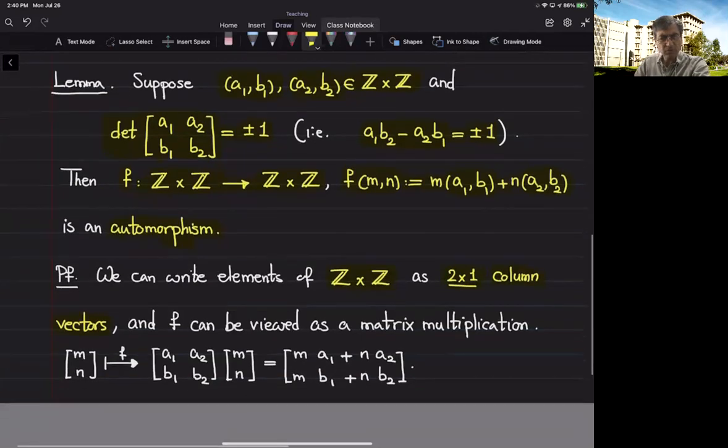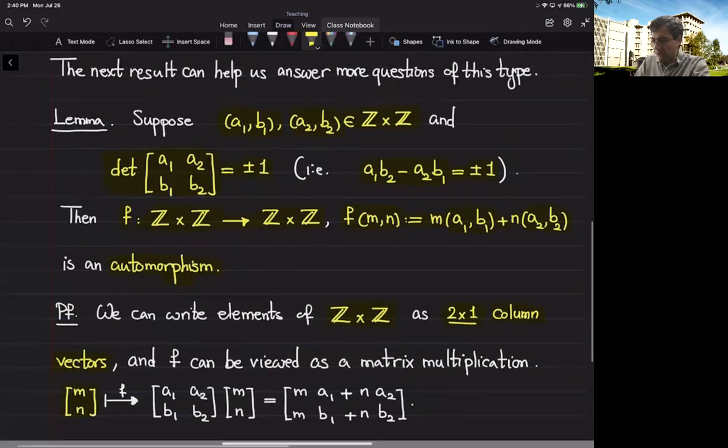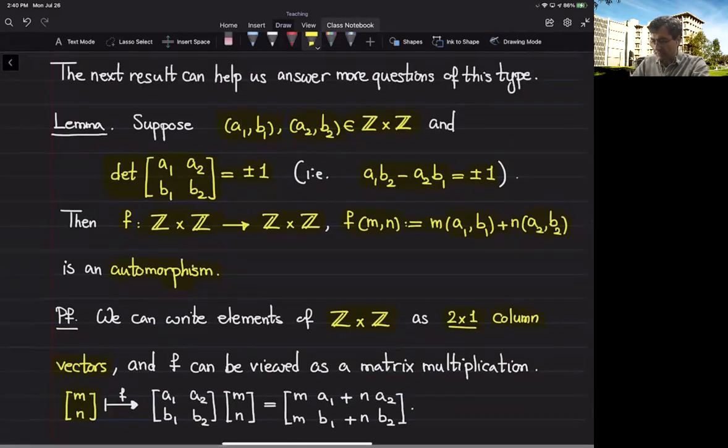And then what does the function f do? When I feed it this column vector (m, n), it gives me the column vector whose first component is m times a1 plus n times a2, and whose next component is m times b1 plus n times b2.